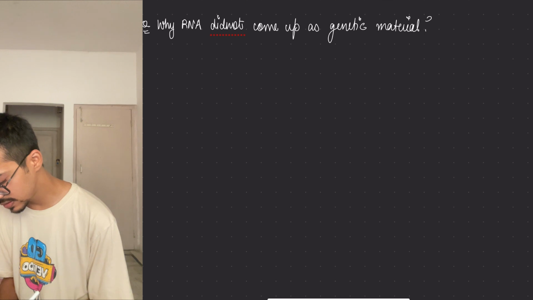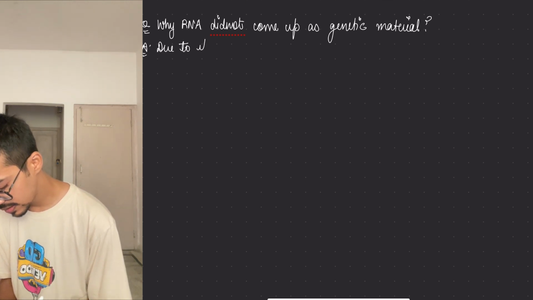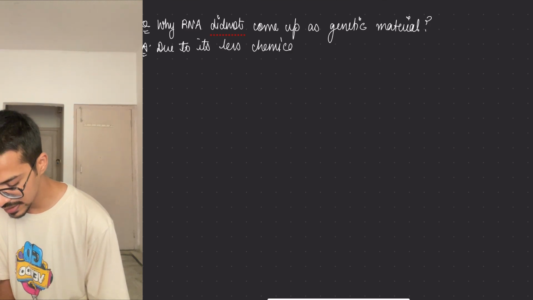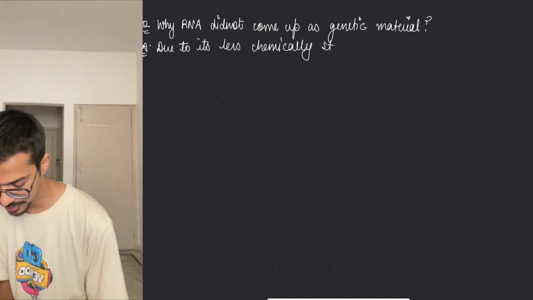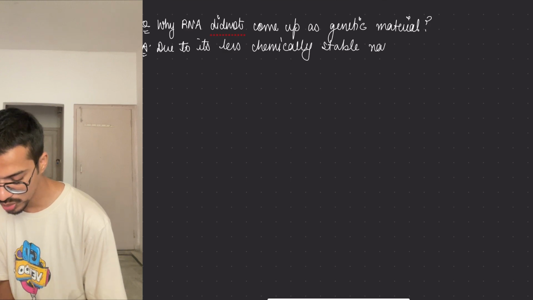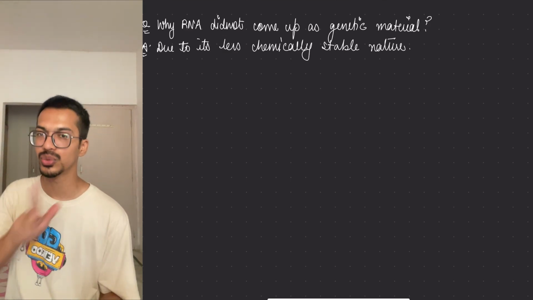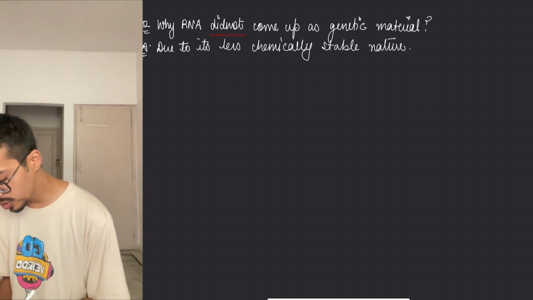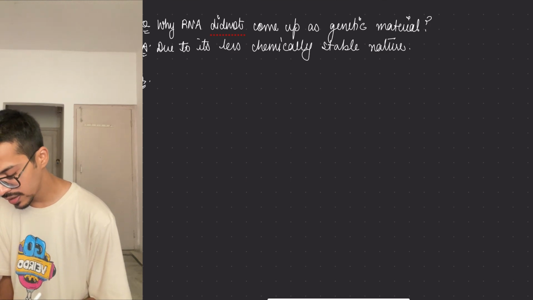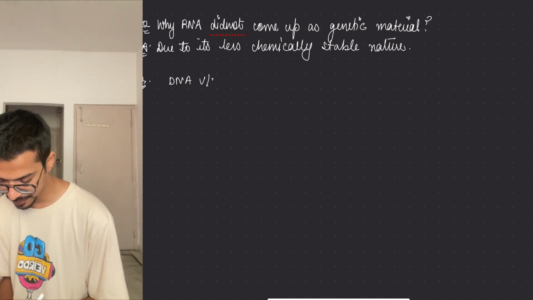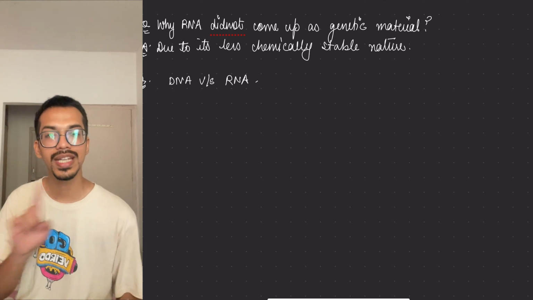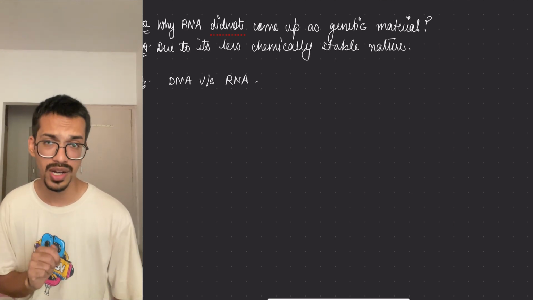The answer is due to its less chemically stable nature. You will write these notes. Along with that, for the board exam, there is a question called DNA versus RNA that you also have to do. If you want me to, I will make a short out of it.